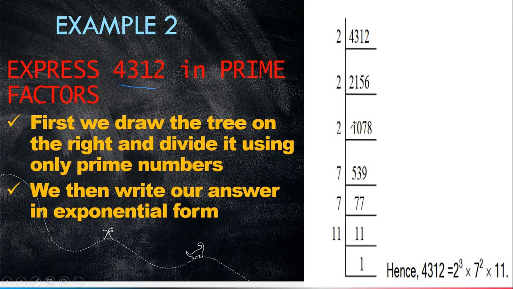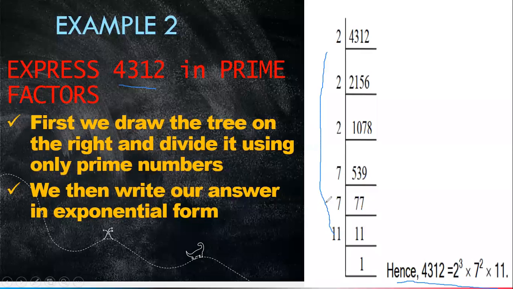So the next is 3, 3 cannot, then 5 cannot, you go to the next, which is 7, and then to the next. After, the final answer is got after we have multiplied all these numbers here. So that is how we deal with prime factorization of numbers.